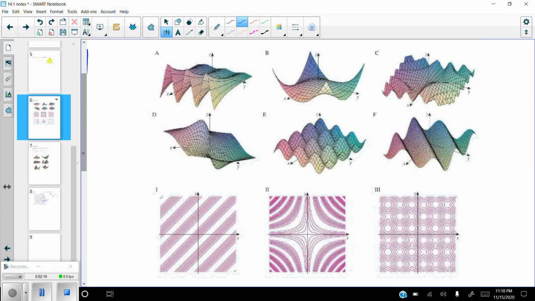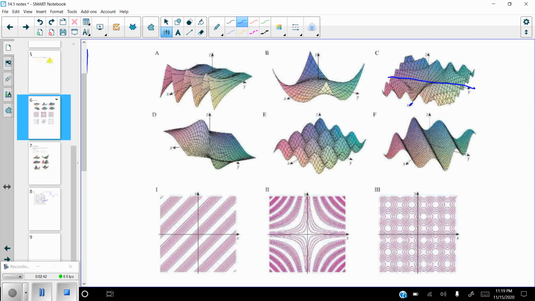So let's take a look at one that probably won't be that difficult to figure out. It looks to me like something like letter C here. If you come across the center of this thing, it looks like it's pretty flat, pretty low around the x-axis.